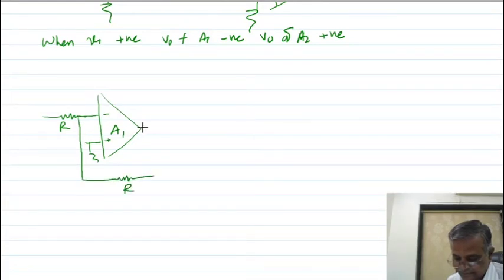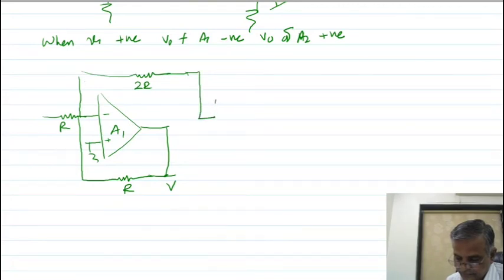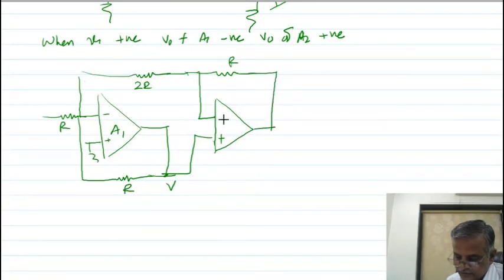This is R. Here I have shown the voltage V. This I will call 2R, and I will show you the reason. Plus, this is connected here, resistor R. This is A2, with the minus sign here.